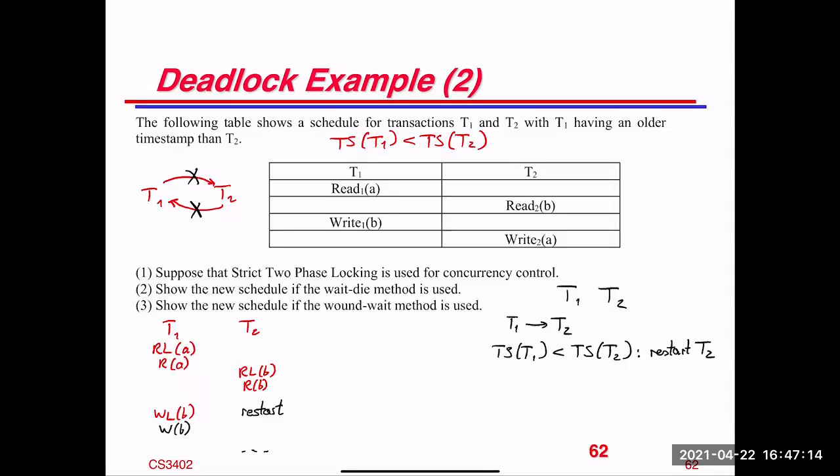Okay, so let me see. Not sure if this is a question: wait-die for younger means younger determines the restart time. Well, the difference is that in both of these rules, it's only the younger transaction that is being restarted.